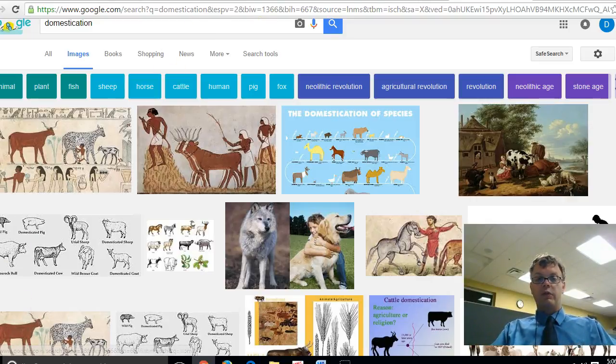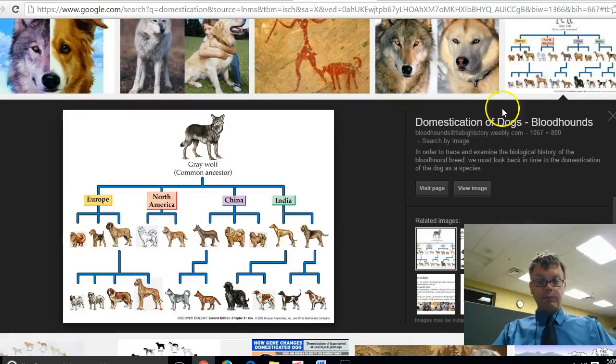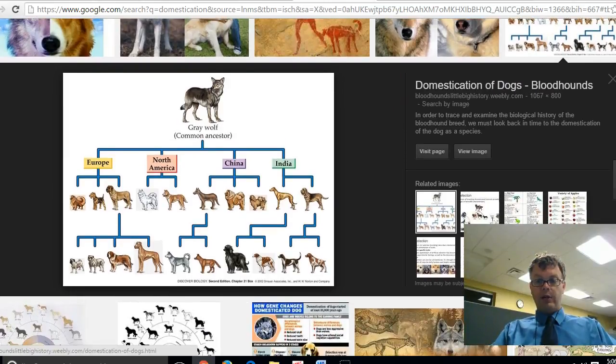In fact, if we take a look at a chart here, we have the domestication of dogs, and dogs originally come from wolves. And you can see here that all the different breeds of dogs that we have today have a common ancestor. That is the wolf.